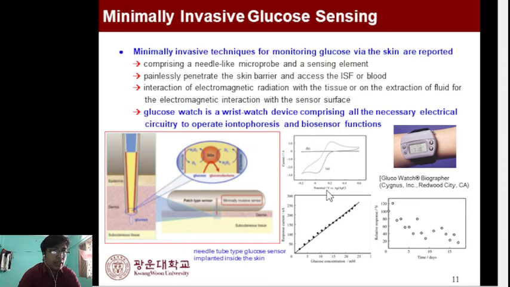Here we see the current graph, and also some other graphs for durability and reproducibility. And this is a real figure of a watch, the glucose sensing watch, an earlier invention, where all the electrical circuitry is operated, with homeostasis and biosensor functionality.